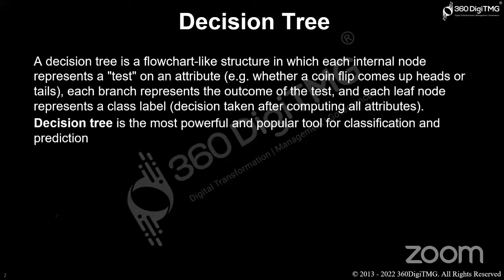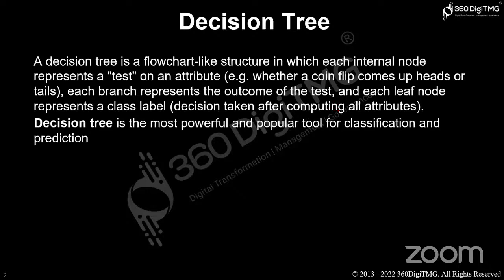All these are terminologies, guys, which you will come across while working on decision trees. A node which is divided into subnodes is called the parent of those subnodes, whereas the subnodes are called the children of the parent node.